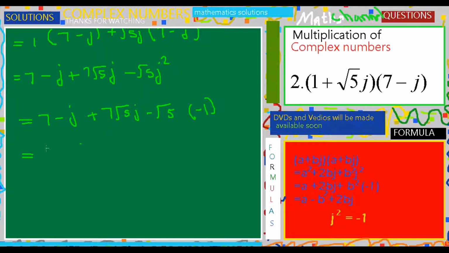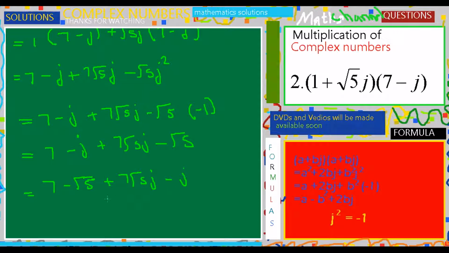So 7 negative j plus 7 root 5 j, and then we have positive root 5. Then grouping the like terms, we have negative 7 minus root 5 plus 7 root 5 j minus 3.